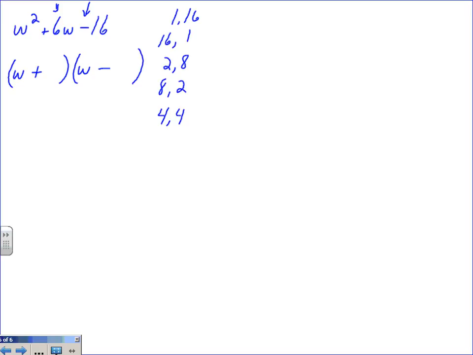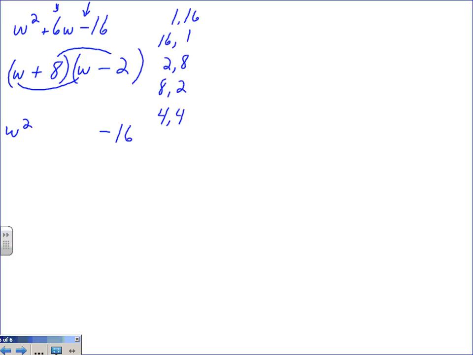So I need to get a positive 6w for my middle term. Plus 8, minus 2. Now look, w times w, that's going to give me w squared. I have an 8 times a negative 2, that's going to give me negative 16. So I've already got my first term and last term.